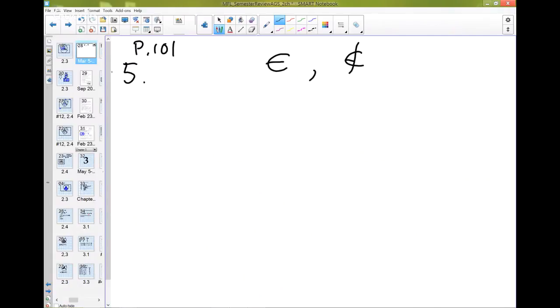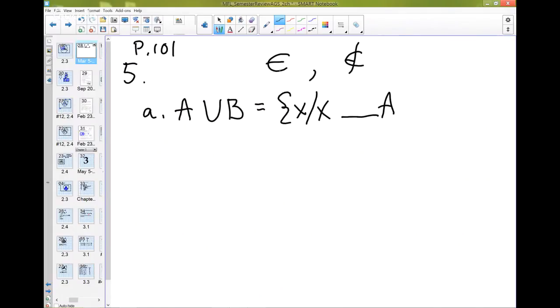A. Okay, let's start with A. So we're supposed to do A union B. And that is equal to the set of all X such that X is an element of A or X is an element of B. The first thing you notice is that we've already translated this into this, so you don't have to do that.